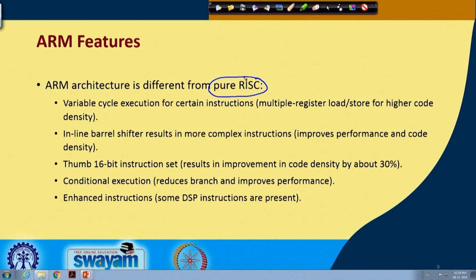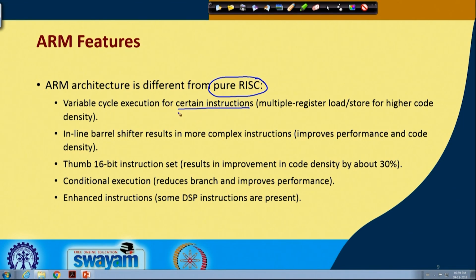There are some features which have been introduced in the architecture because they are very useful in embedded system applications, which are not RISC characteristics. So, it is there that ARM starts to deviate slightly from the RISC architectural concepts. Some of the differences are as follows.